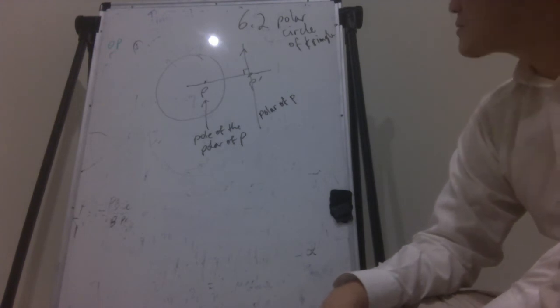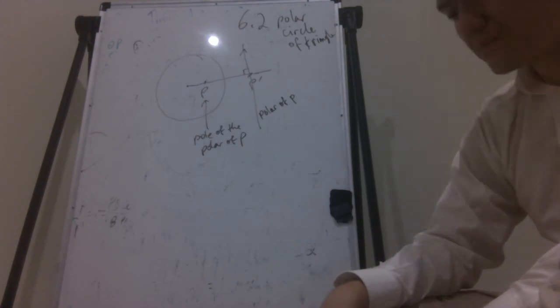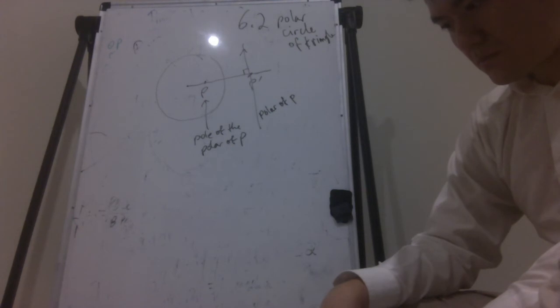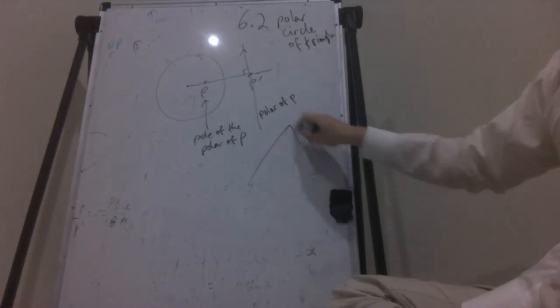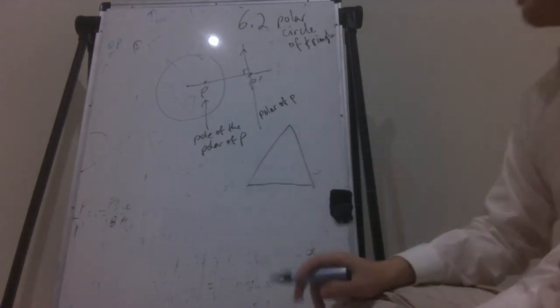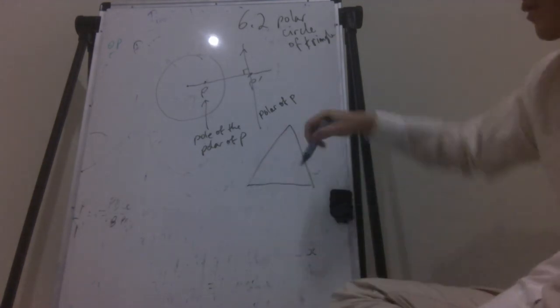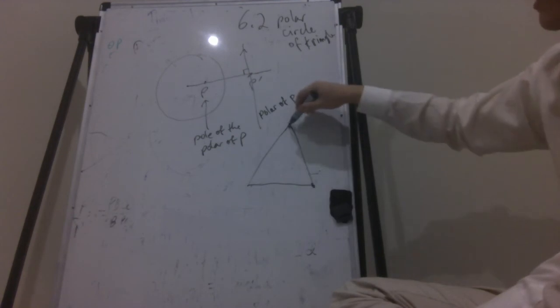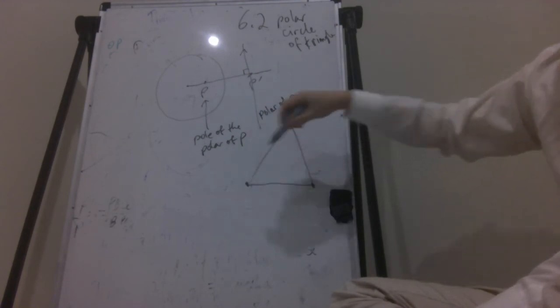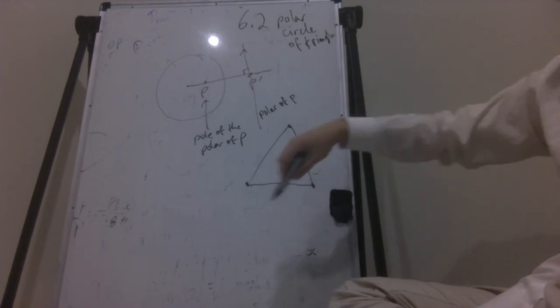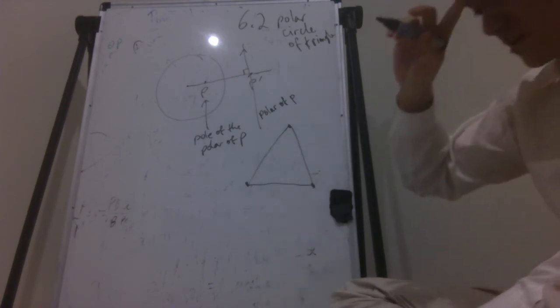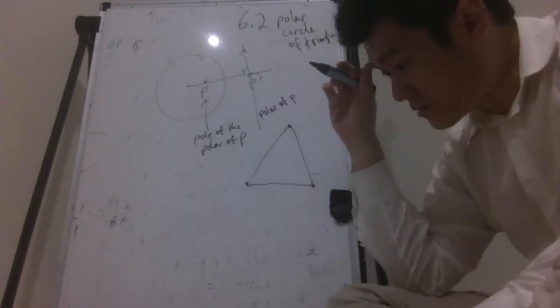Okay, and the polar circle, what was it? So you had a triangle. So the point is, we constructed a triangle where the vertices, yeah. So we found the circle. What kind of circle do we have to find? It's the polar circle.